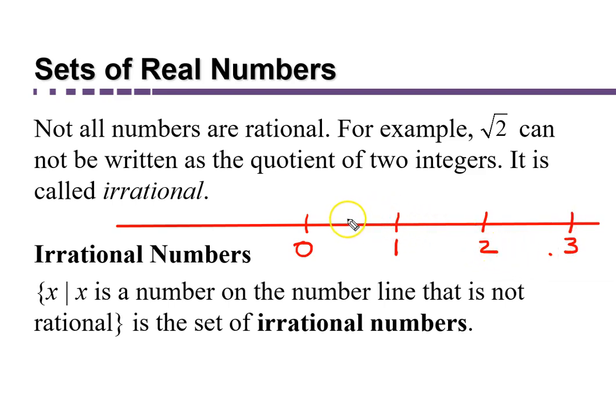Now, we talked about fractions, 1/2, 1/3, and we also had negative ones on this side. 1 and 1/2 would be right there. But a little less than 1 and 1/2, right there, is on the number line the number, the square root of 2, which in its decimal form is 1.414.